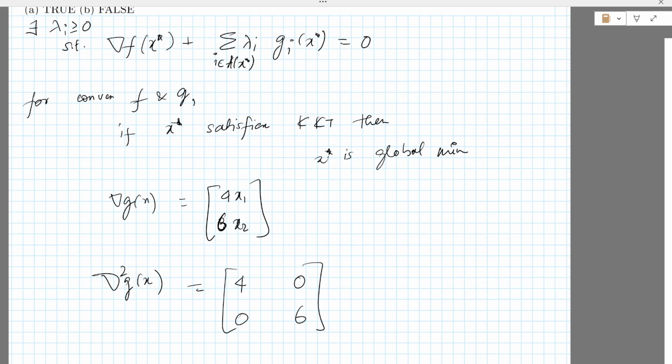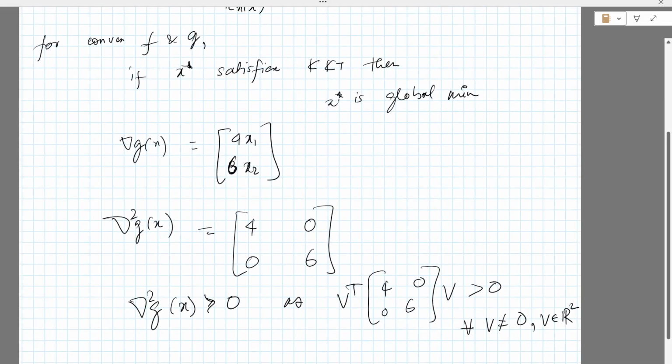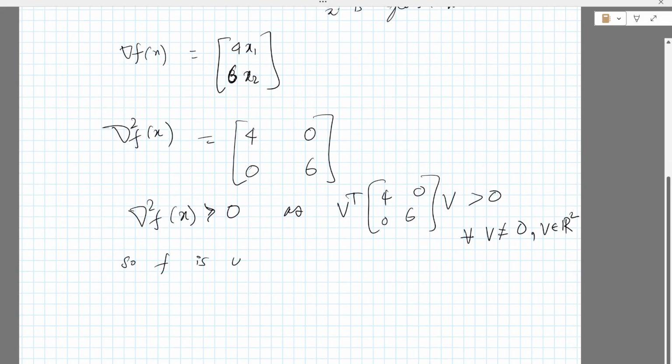This is positive definite, because v transpose times the matrix times v is greater than 0 for all v not equal to 0. This was f. So f is convex.